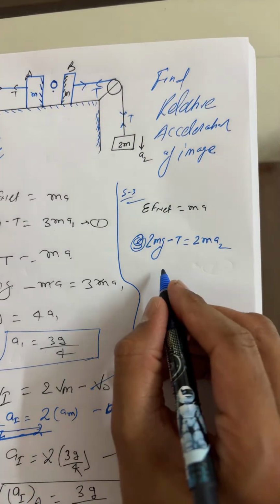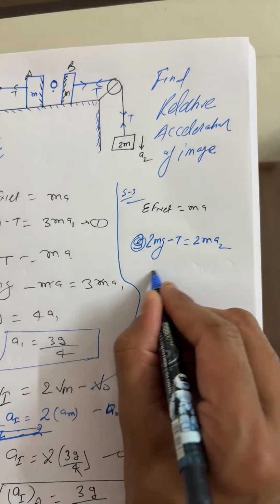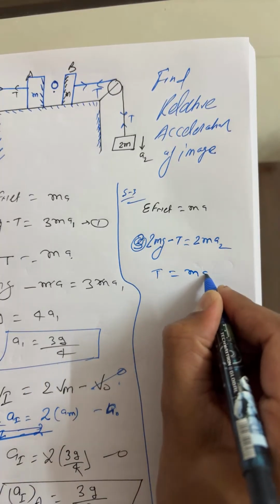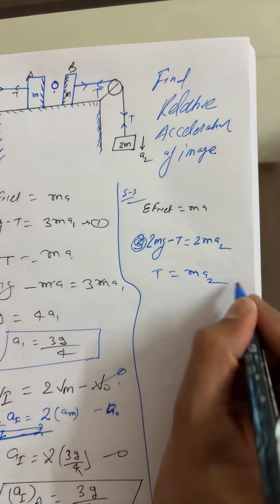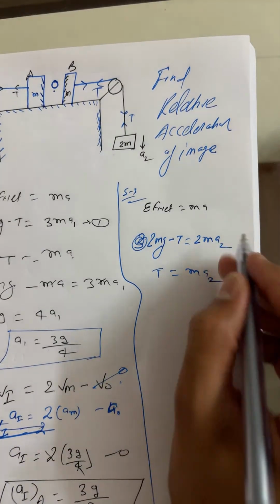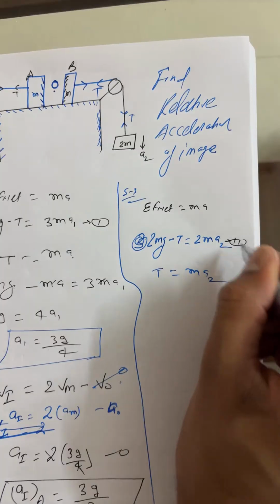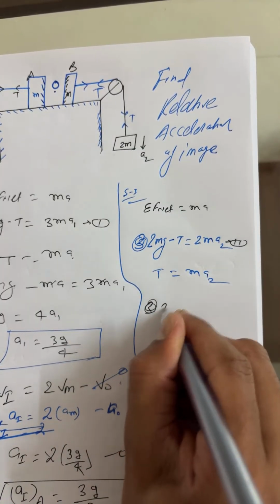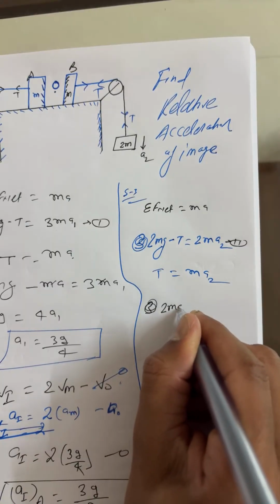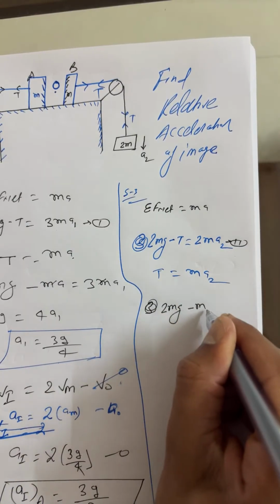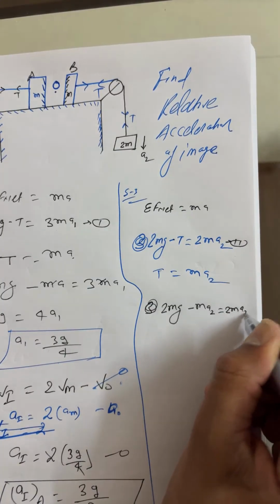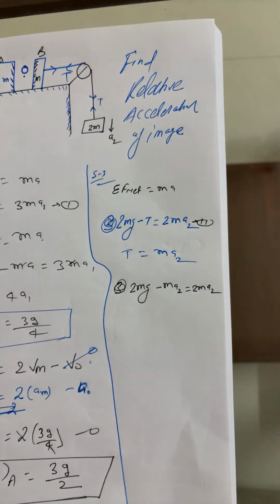So you can write simply T equals m into a2. This T I can fit in this equation, let us suppose equation number 2. So you can write 2mg minus ma2 equals 2ma2.